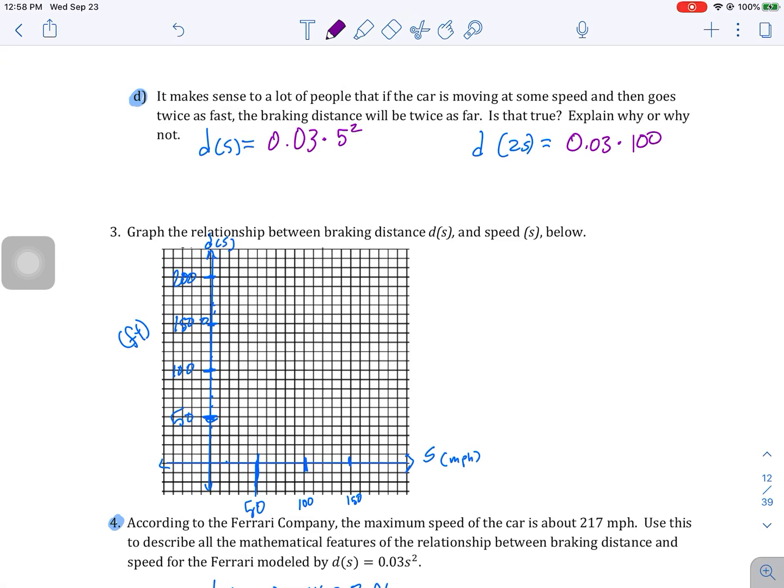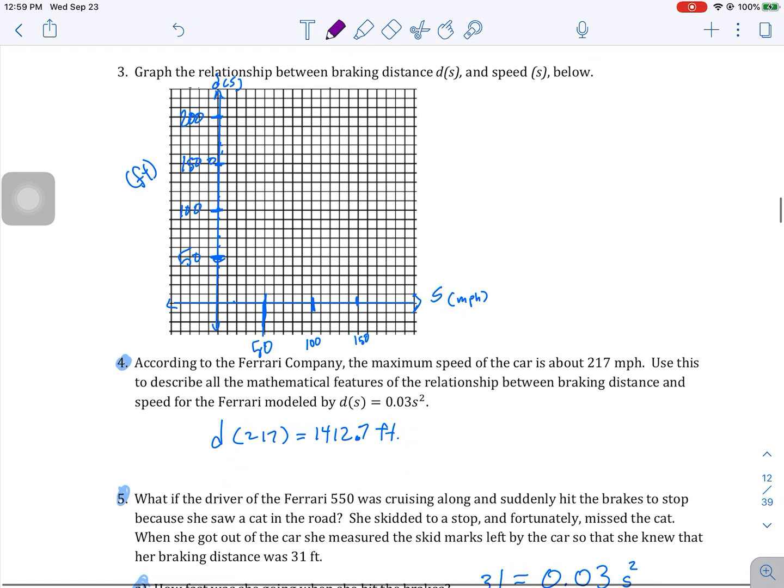So there is not a 2-to-1 relationship here. This one's 25, this one's 100. So this one's going to be 4 times what this one is, as opposed to 2 times. So it's false. That's not true.